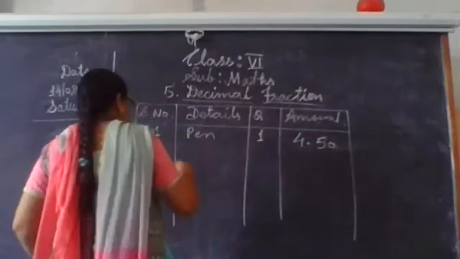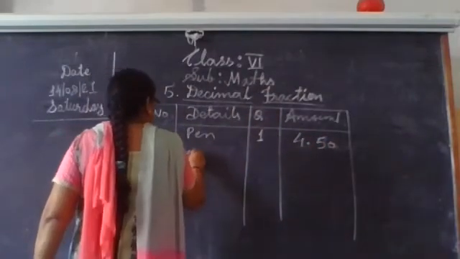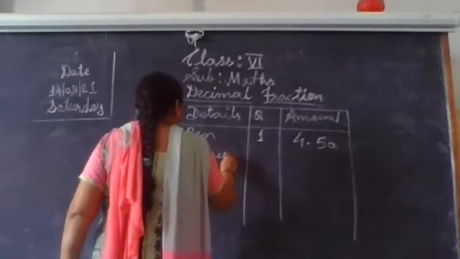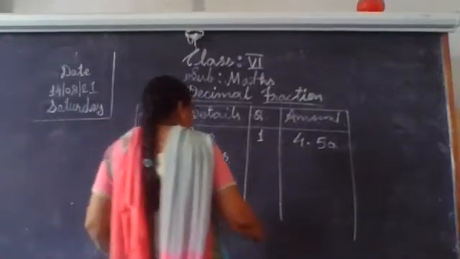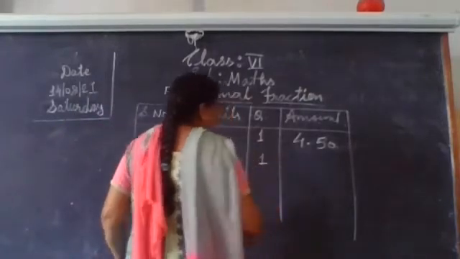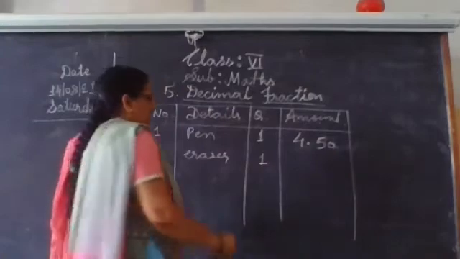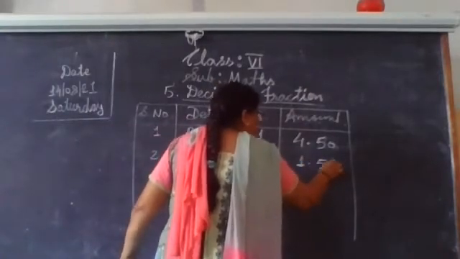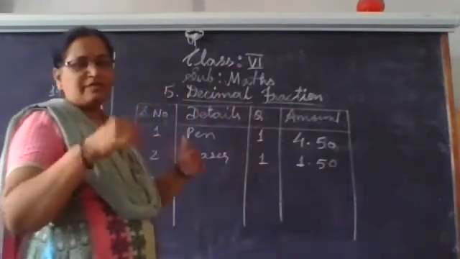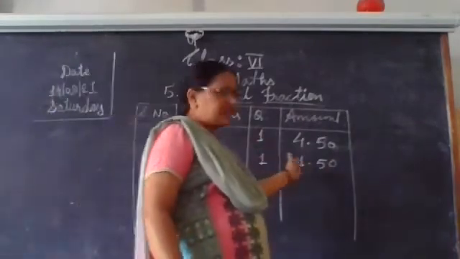Second is eraser. What is the cost of the eraser? Quantity 1 and the cost is 1.5. So 1 is a whole number and half means it is a fraction. So a fraction is always written after the decimal point.